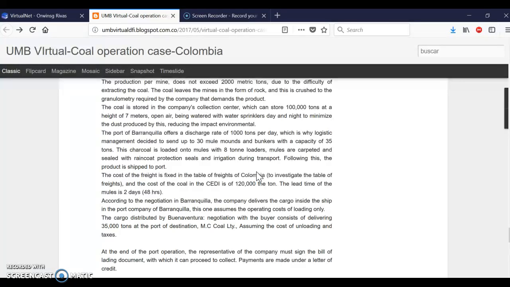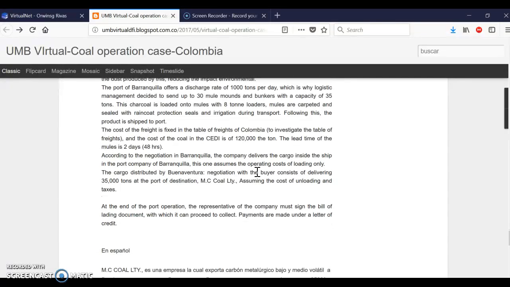Due to the difficulty of extraction, the coal leaves the mines in the form of rock and then outside is crushed as required by the company which demands the product. We have also that the company can store 100,000 tons, and they use some measures for avoiding the dust produced and the environmental impact.